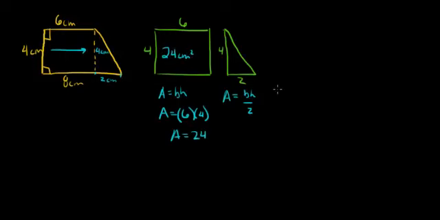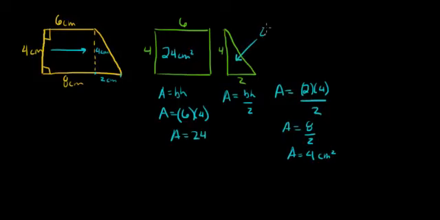For our triangle, the area is 2 times 4 divided by 2. That gives us 8 over 2. So we're looking at 4 centimeters squared for the triangle.